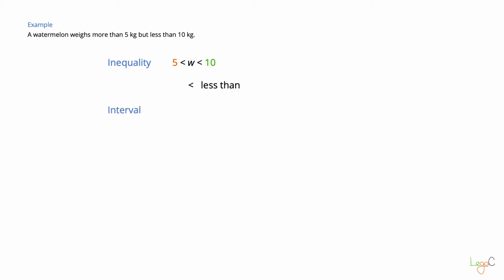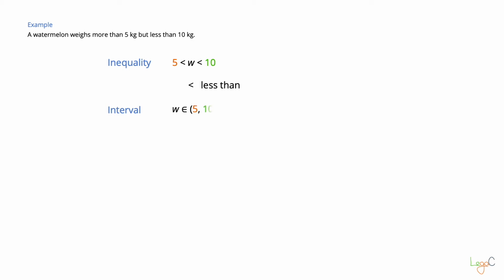In this example, we have a watermelon that weighs more than 5 kilograms but less than 10 kilograms. As an inequality, we write this 5 less than W less than 10. As an interval, we write this as W is an element of the interval from 5 to 10.